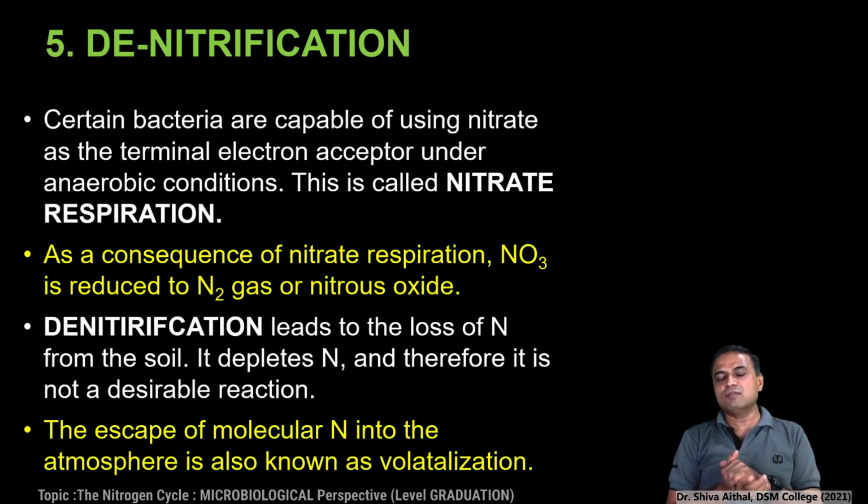There are certain bacteria which are capable of using nitrates as a terminal electron acceptor under anaerobic conditions, and this is called nitrate respiration. As a consequence of nitrate respiration, NO3 is reduced to N2 gas or nitrous oxide.